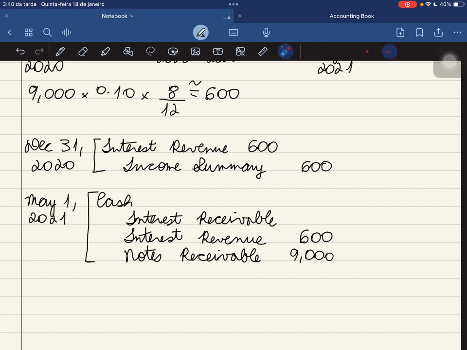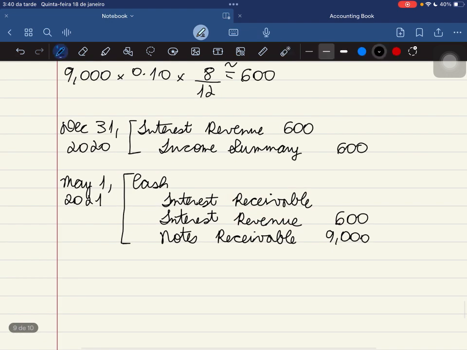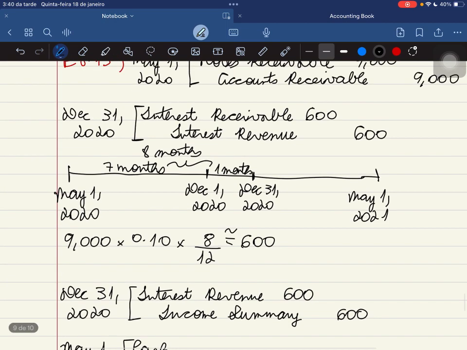But what about the money that I still have to receive as interest? Well, we have to calculate. So we're going to have 9,000 times the original percentage, which was 10%, times 4, right? Why is that?